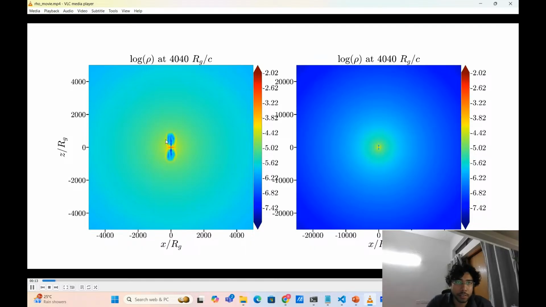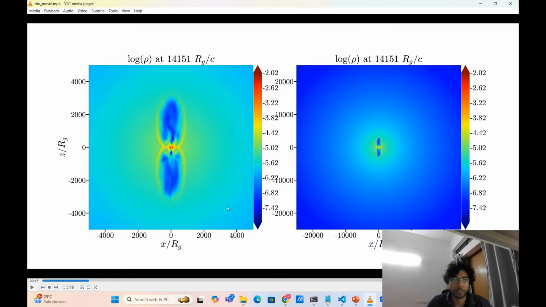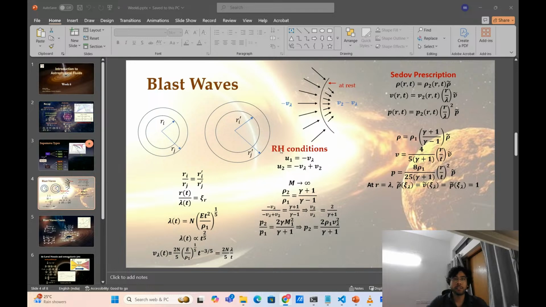You see the shock front on both sides, and it is expanding throughout the envelope, right? This is how a shock goes through a medium. We'll see how the shock travels and what the velocities, densities and pressure are and so on, but this is just a physical motivation of it.